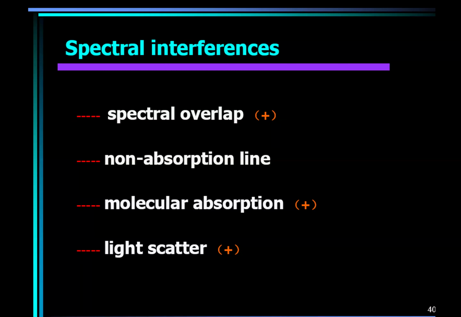You can have a spectral overlap, where the lines can overlap. You can choose a line which is not absorbing, and sometimes molecules can also absorb at that particular line, which means you don't get the correct concentration because the concentration is enhanced. You can also have some light scatter from outside that can enhance the absorption.